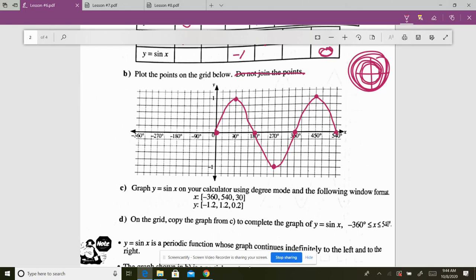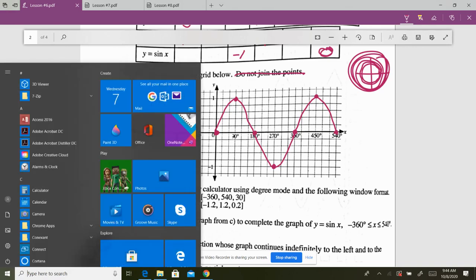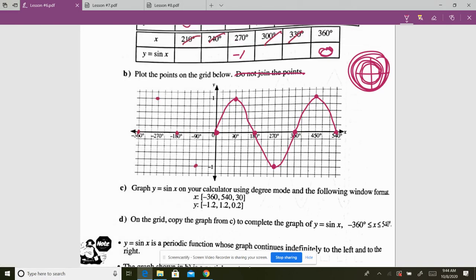And if you go in the negative direction, there we go. And it can just keep going. It never goes above 1 or less than negative 1, unless you do other things to it. Okay, but that's a basic sine graph right there.